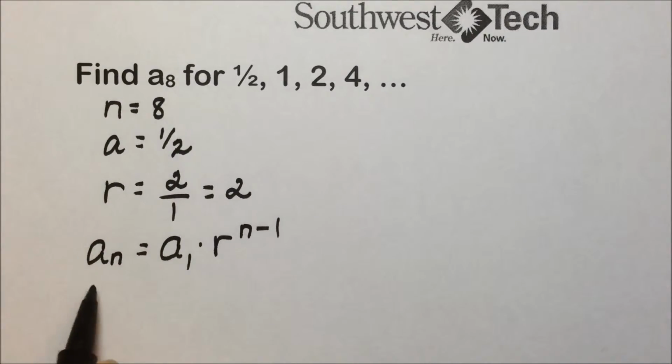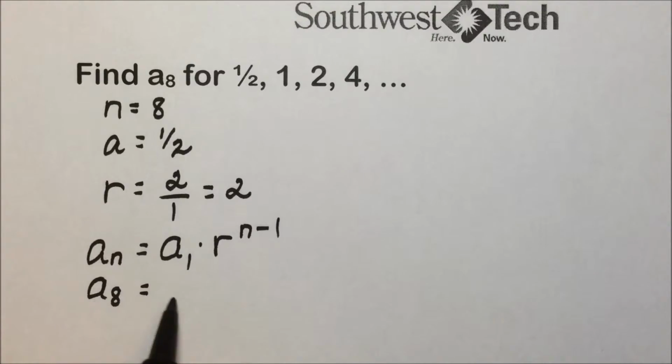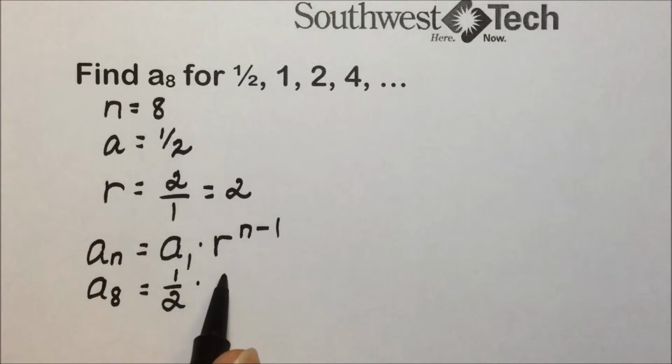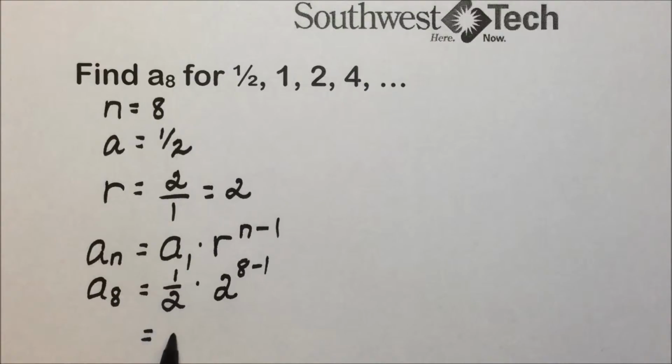Filling in the particulars then, for this specific problem, we have the 8th term is found by taking 1/2 times the common ratio, 2 to the 8 minus 1 power. It looks like we're going to have common bases of 2, so to simplify this, 1/2, which has 2 to the first power in the denominator, can be rewritten as 2 to the negative 1.